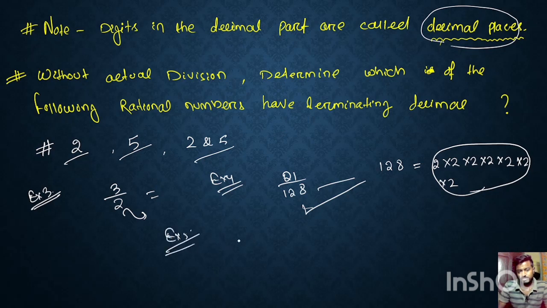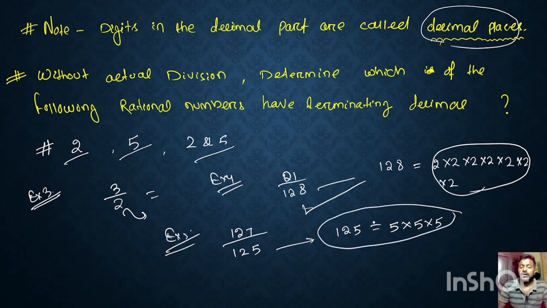Again, example number 5. Suppose the number is 127 divided by 125. Simply we check the denominator, that is 125. So first find the prime factorization, that is 5 into 5 into 5. So it is also a terminating decimal representation.